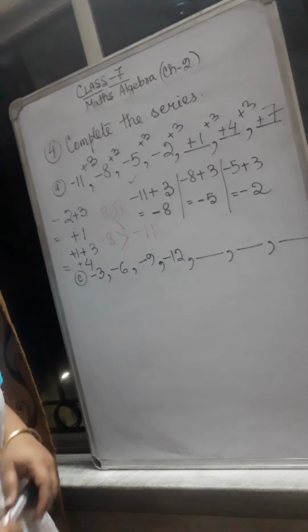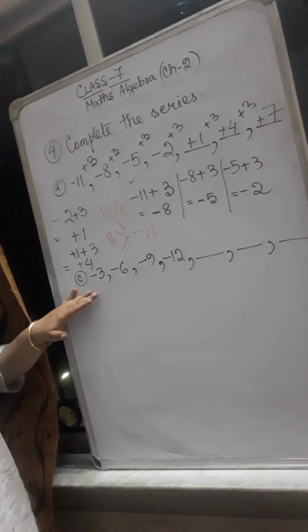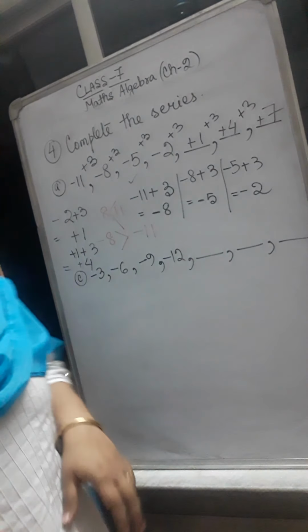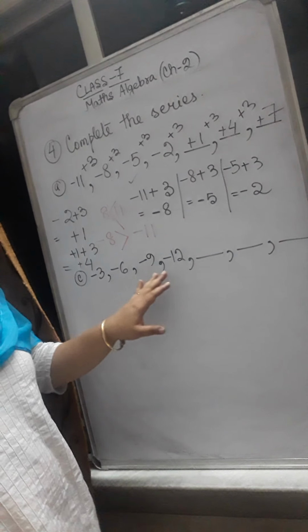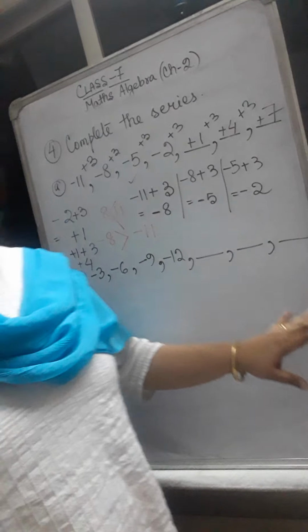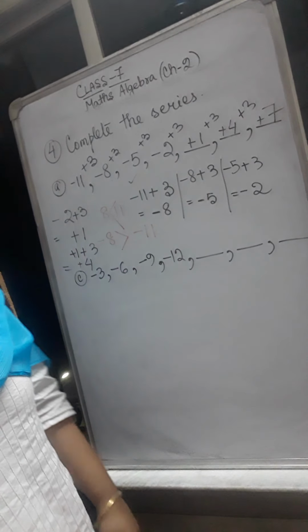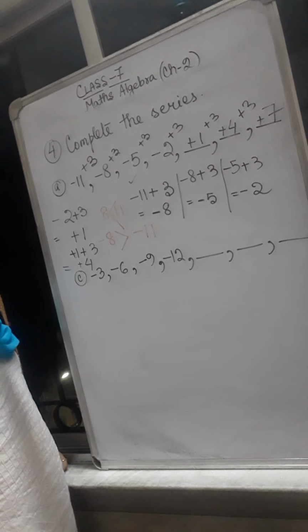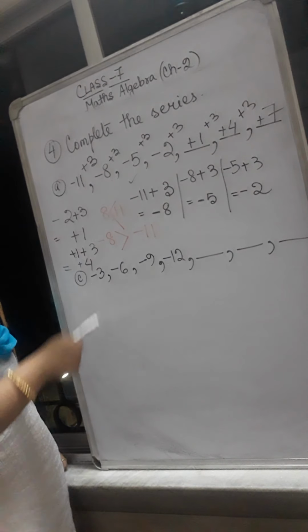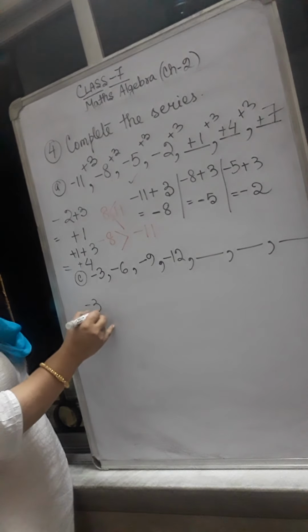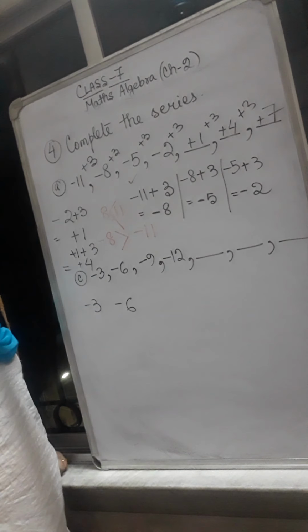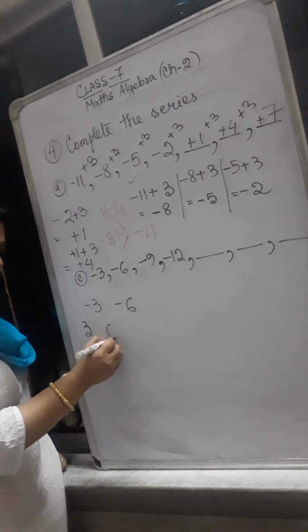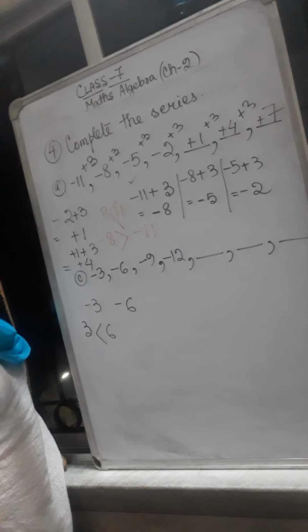In the similar way, I have written the third question, that is C part. Minus 3, minus 6, minus 9, minus 12 is given. The rest 3 you have to find. Now check which is greater number. Minus 3 is greater or minus 6 is greater. If positive numbers were given, 3 and 6, then obviously 6 was greater.